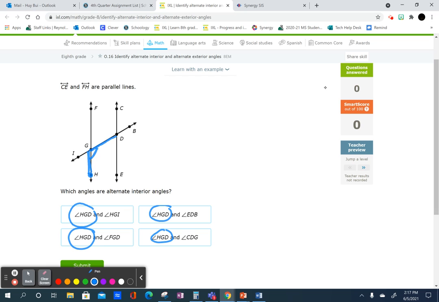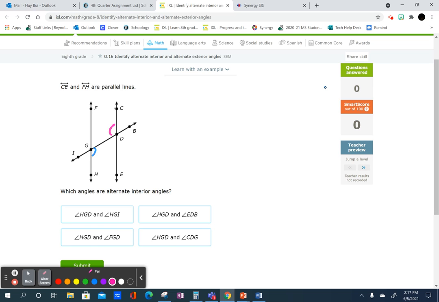All right, so that's in between the parallel lines, so that's why it's being asked an alternate interior angle. Let me erase that and let me draw the angle here. So from H to G to D. So then its other angle pair is going to have to be this one that I'm going to draw in pink. So they're on opposite sides and they're both interior angles.